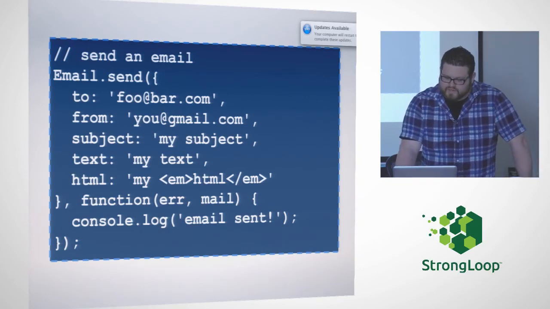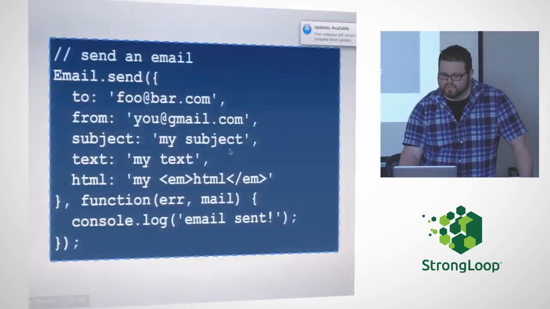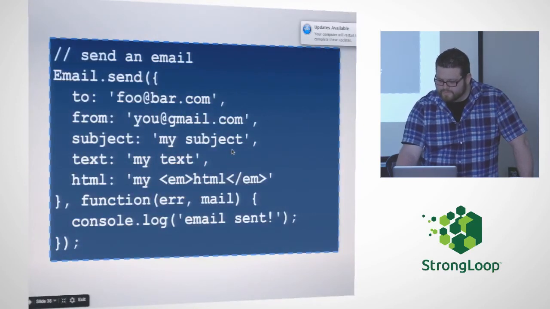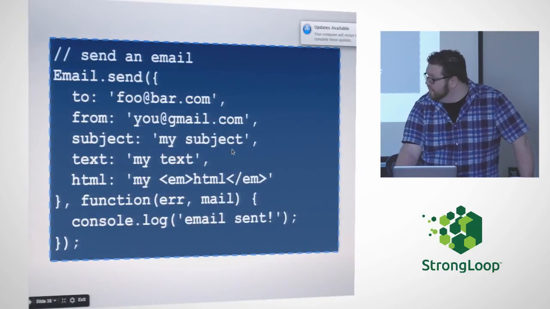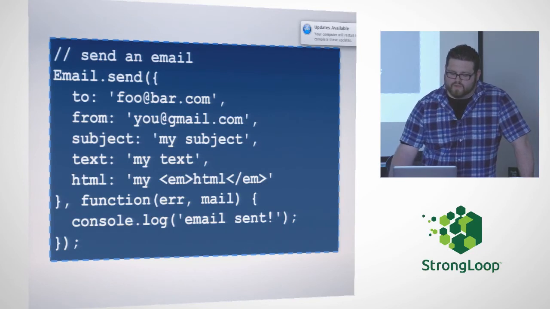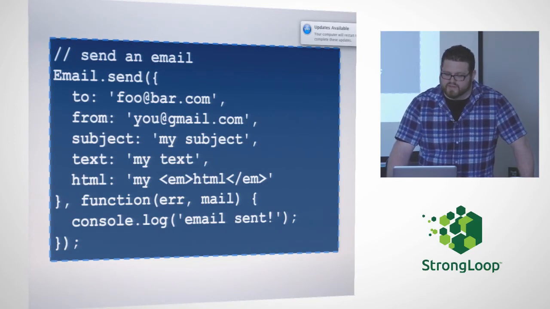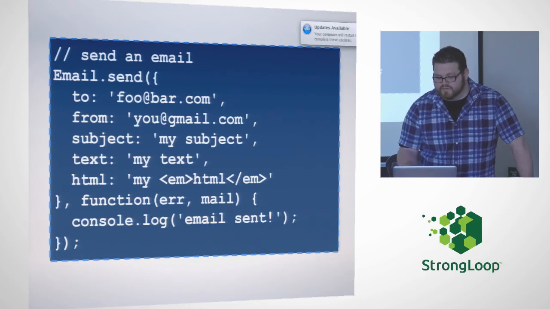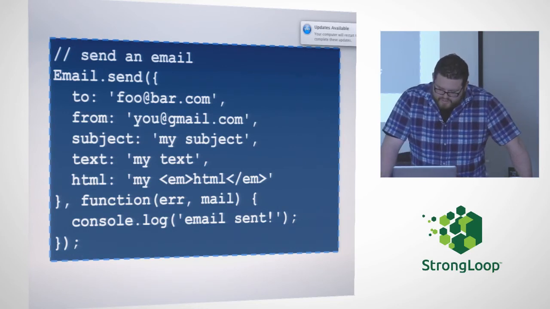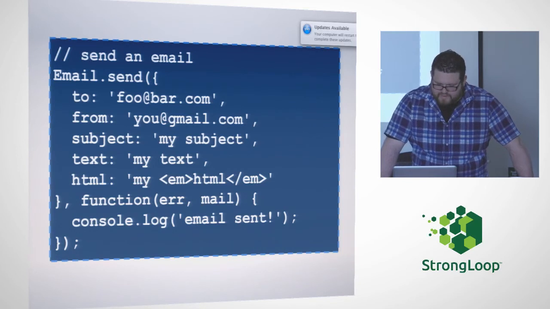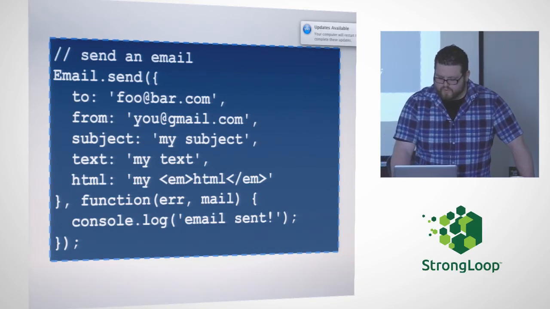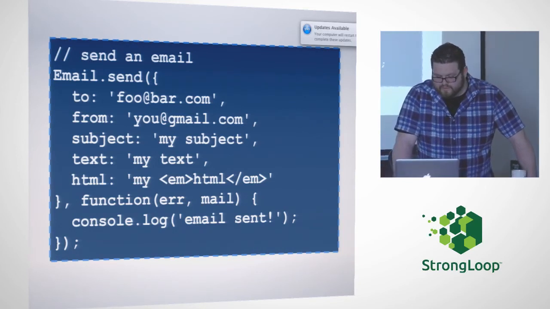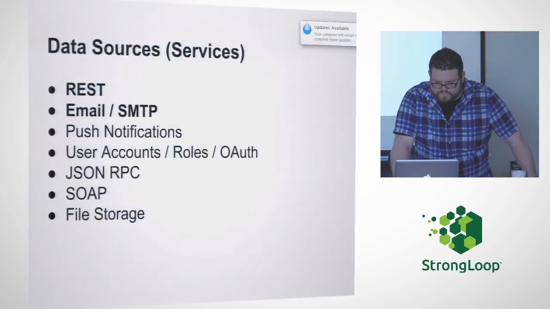In this case, we've mixed in a send method, and this is how we could invoke it, just as you would expect. And just like what I was showing before, all of this would be available over REST if I attached it to the app. That's optional. In this case, I wouldn't want to expose my email service over REST, but I could. Anything could be exported.